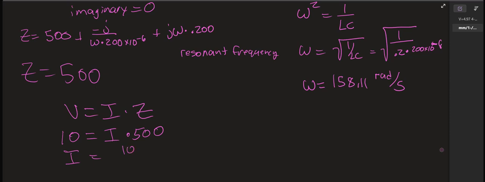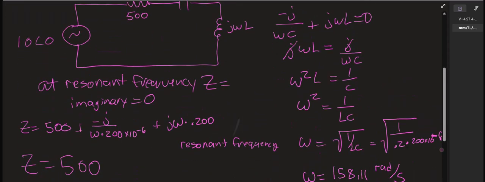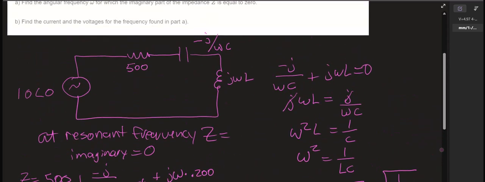So I equals 10 over 500, and unless I'm mistaken, I think that's 0.02 angle 0. I think that's right. And then to find the voltages, now that I know the current, I would just multiply each of the impedances by the current. So I'm not going to do that.